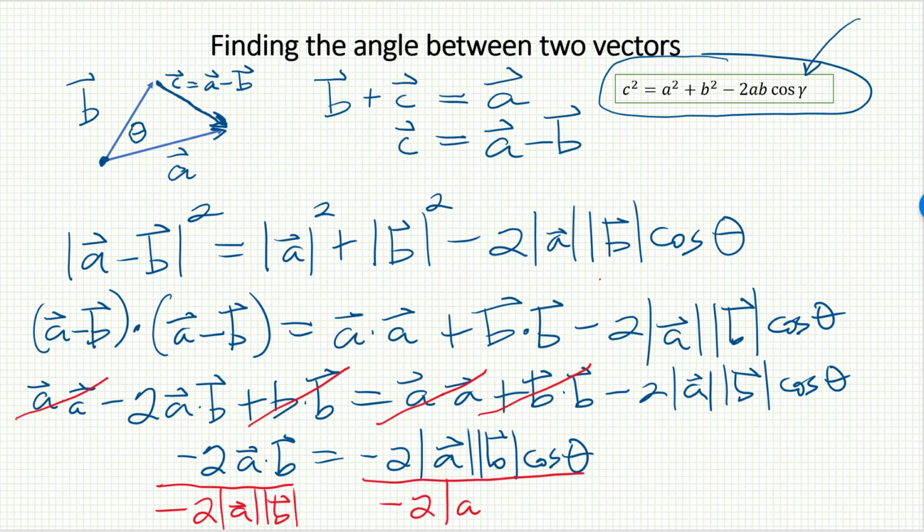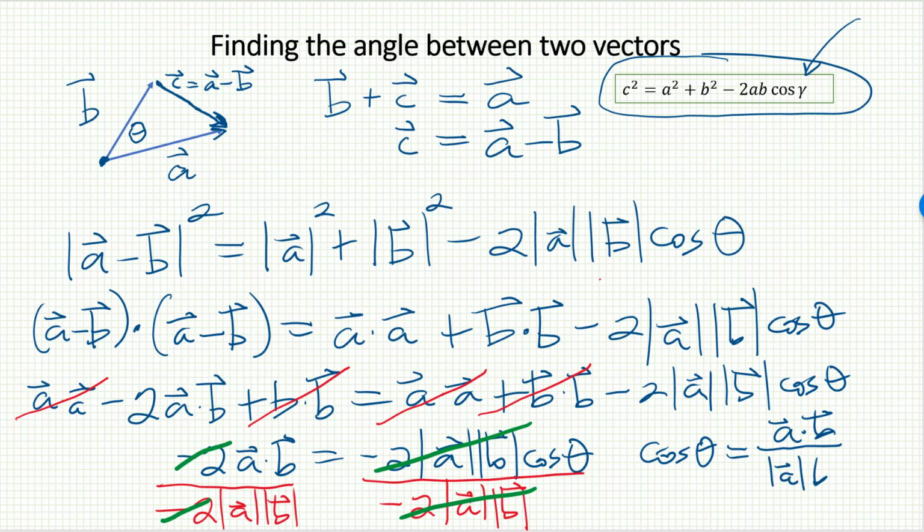I'll do that on the left as well as on the right. Of course, this side is now just cosine theta. Here, the negative 2's cancel. And so I end up with cosine theta equals this fraction. The top of the fraction is the dot product of the two vectors, and the bottom of the fraction is the product of their magnitudes, of their lengths.